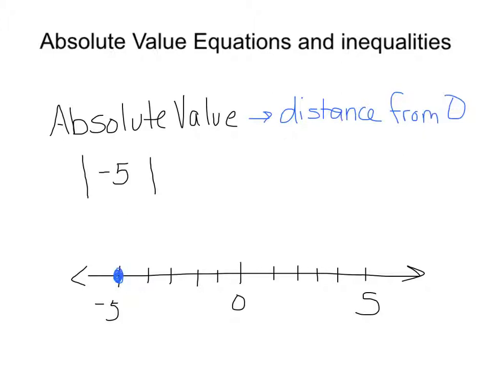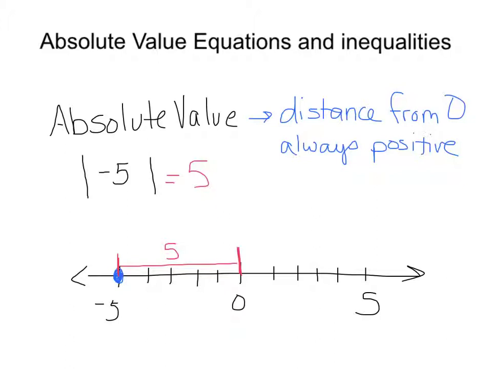And because of that, it will always be positive. So in this case, -5 is 5 spaces away from 0. So the absolute value of -5 is going to be 5.